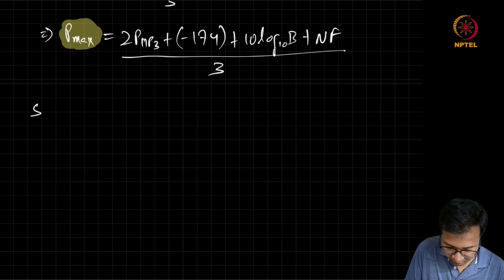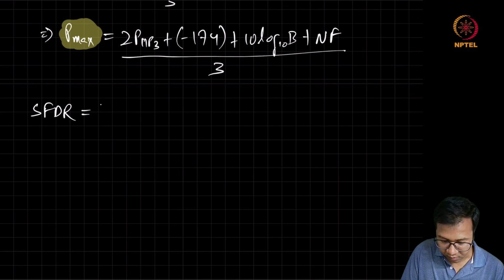So now we can write SFDR in dB as Pmax minus the sensitivity.